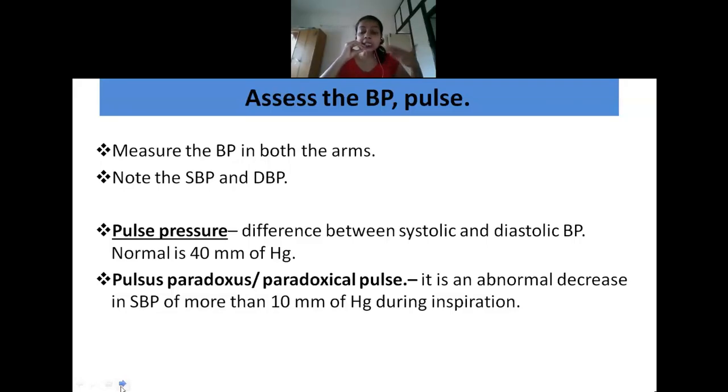So when you're breathing in, your systolic BP is reducing. You can imagine how much fluctuation there is in the blood pressure. That is the term called pulsus paradoxus. It is commonly seen in pericarditis, and also in pericardial tamponade. We'll discuss these conditions in detail.